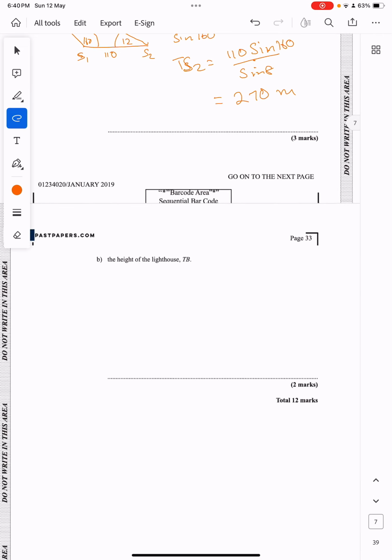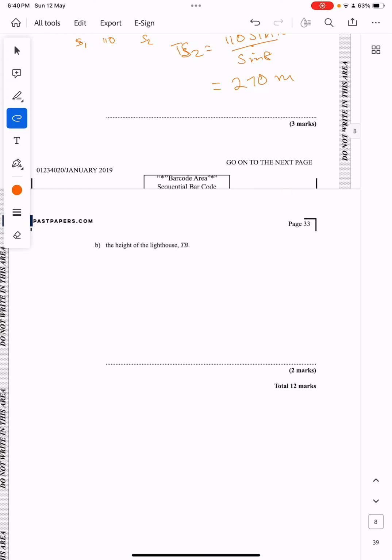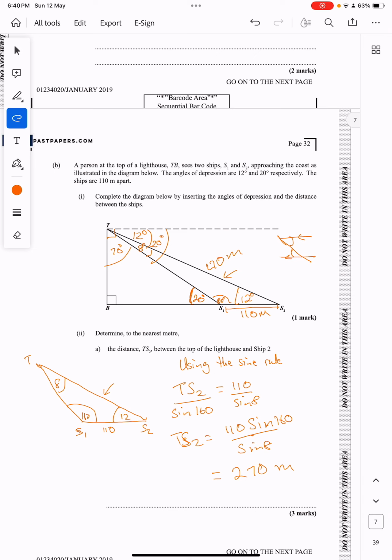The next part of the question is asking us for the height of the lighthouse TB. Now if we look at the triangle, they're asking us now for this height here, TB. Let's see. We have the length of TS2.